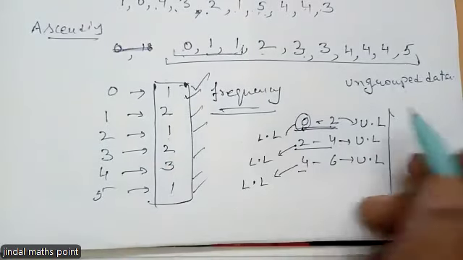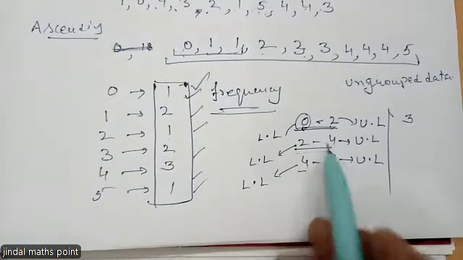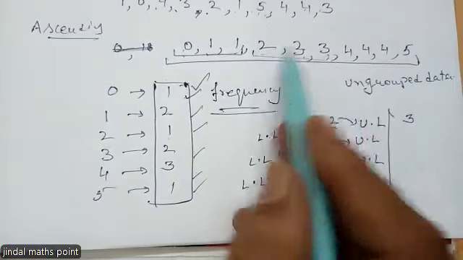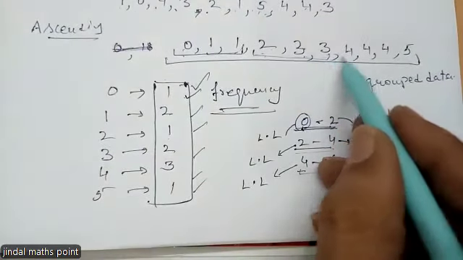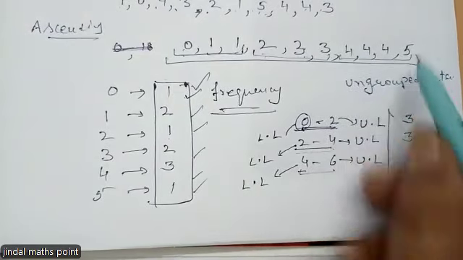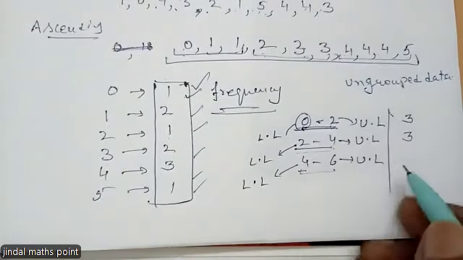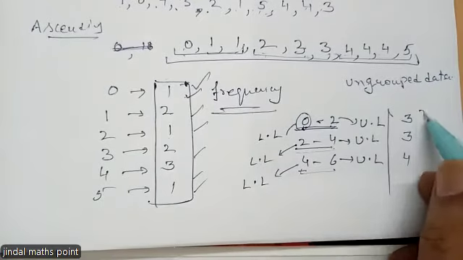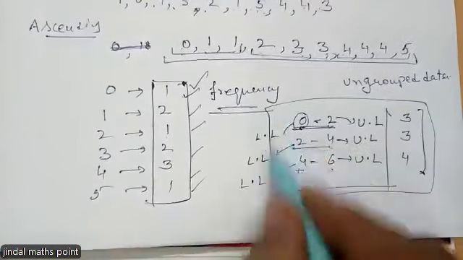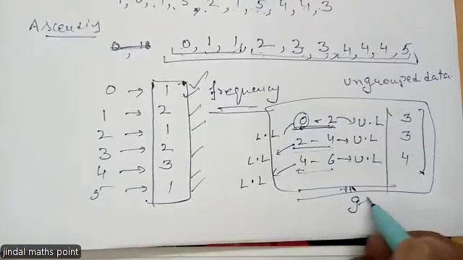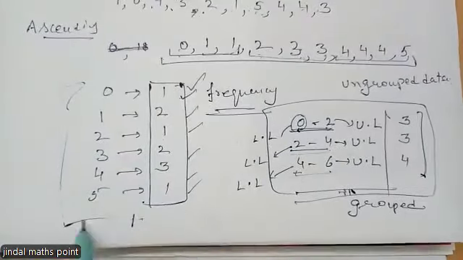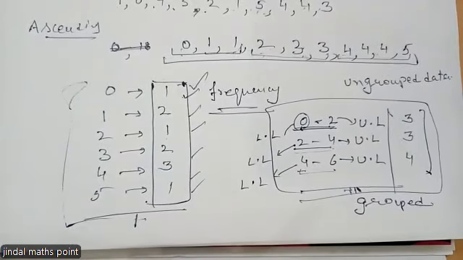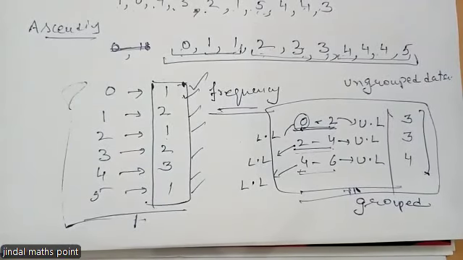Only 3 values. 2 to 4, 2 and 3, that is 3 values. 4 to 6, these are 4 values: 4 is there 3 times and 5 once, a total of 4 values. This is the arrangement in grouped frequency distribution, and this is for ungrouped. These are called frequency distribution tables.